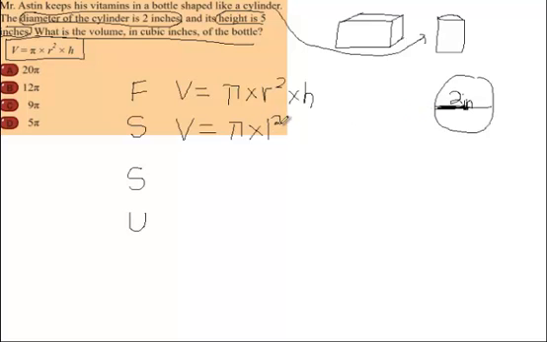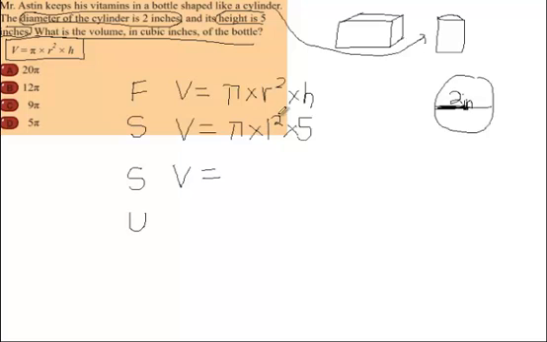That's 1 to the second power times height, which they give us, is 5 inches. Okay? So really the only tricky part of this question is that the r, they give you the diameter, but they ask for the radius. Okay? Solving this shouldn't be too tricky.